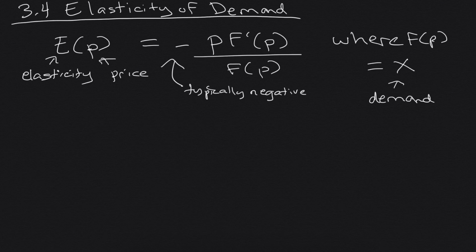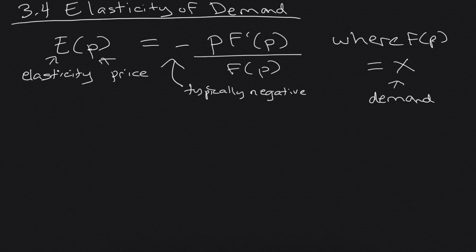The only reason that negative is there is you'll usually get a negative for this value, p times f prime of p divided by f of p. That value will usually be negative. As you increase price, demand tends to go down. Not always, that's not always the case, but it tends to go down in most cases. The demand will go down when the price goes up. And so you typically get a negative value there.